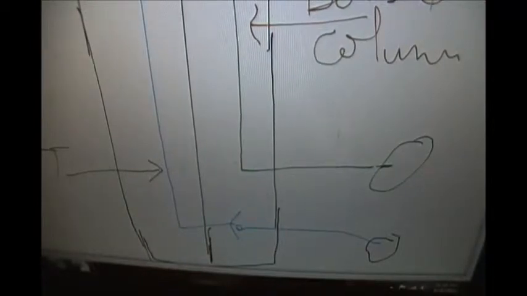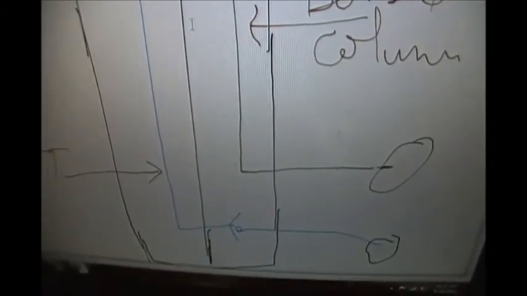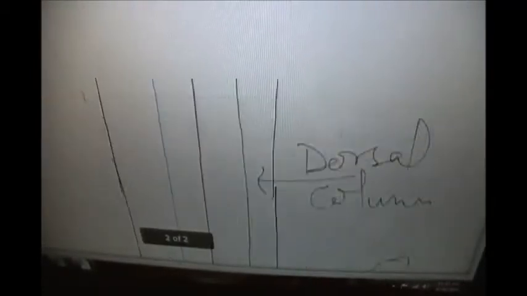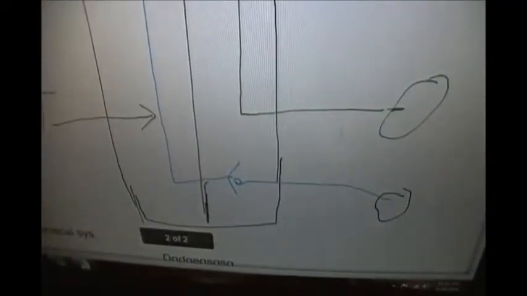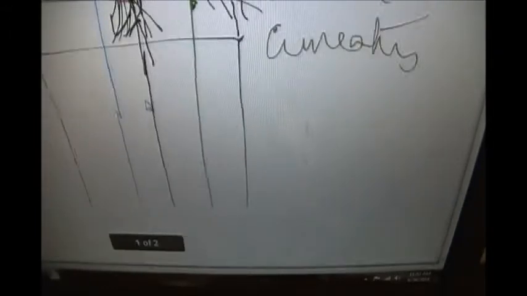There are two types of ascending sensory pathways, the spinothalamic tract and the dorsal column tract. This is the picture I've made to help you understand. This is the spinal cord, this is the spinothalamic tract and this is the dorsal column tract, and this goes up the spinal cord.